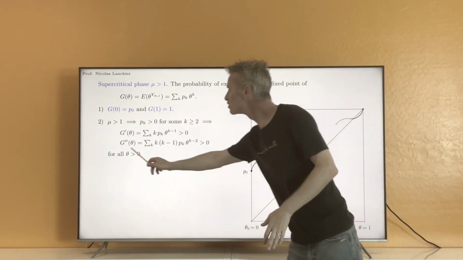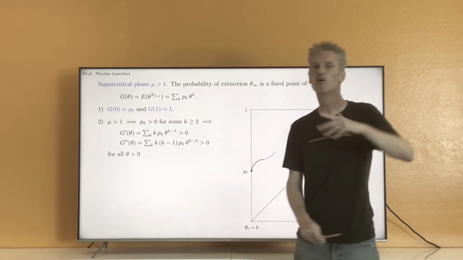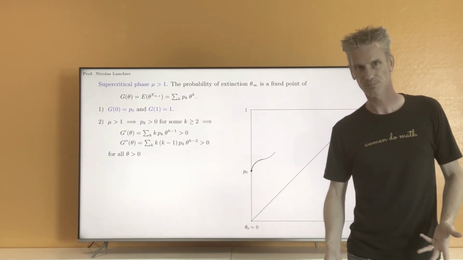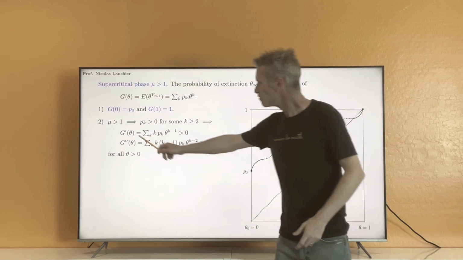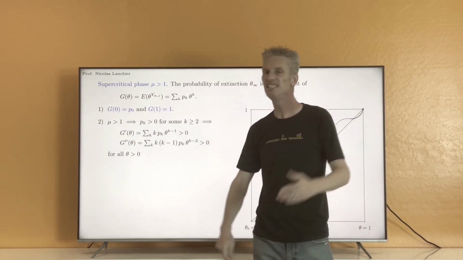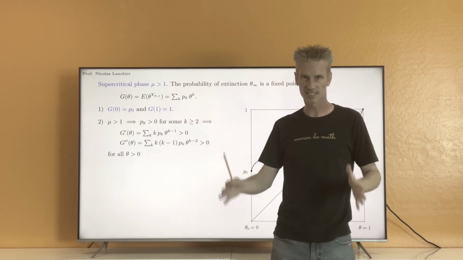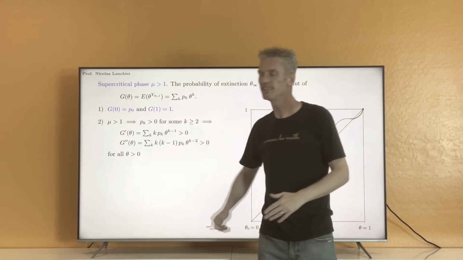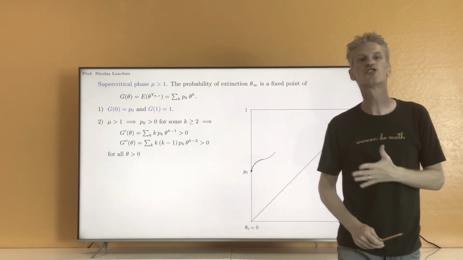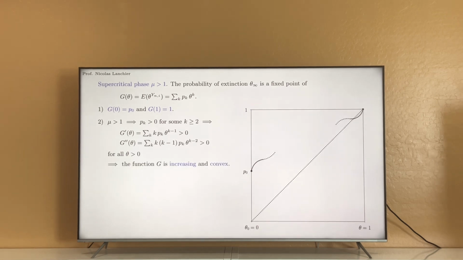So if we also assume that theta is strictly positive, then that indeed makes those two sums strictly positive. Okay? And so those two properties show that the function is strictly increasing on the interval 0, 1, and this one tells you that the function is strictly convex on the interval 0, 1.